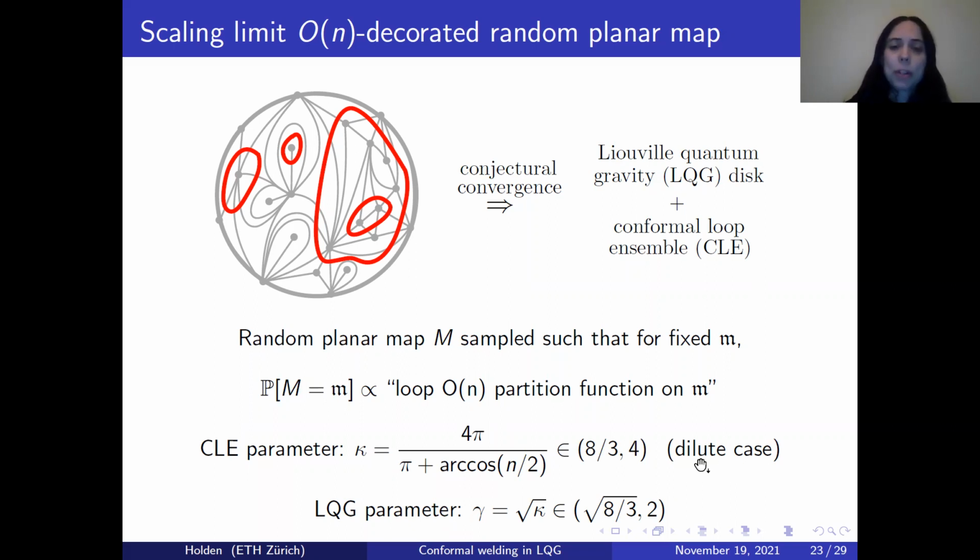The loop of n model has parameter n, but it also has two additional parameters, which are called g and h. And the conjecture is only believed to hold if g and h take one very particular value. So there's also another case, which is also quite interesting, called the dense case, and g and h can also take values in what is called the dense regime.